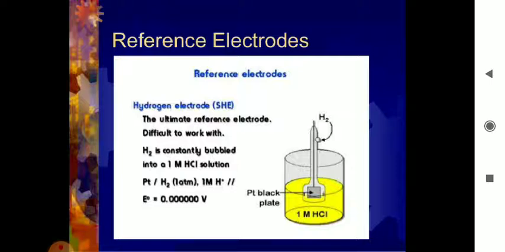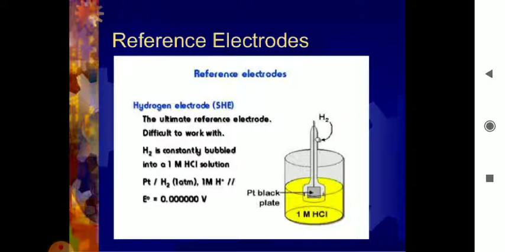So students, look at this picture. You will notice that we have taken 1 molar HCl solution, or any solution having H plus ions, that we can also take here. You will notice a hole at the topmost side of the cell, through which hydrogen gas is bubbled.